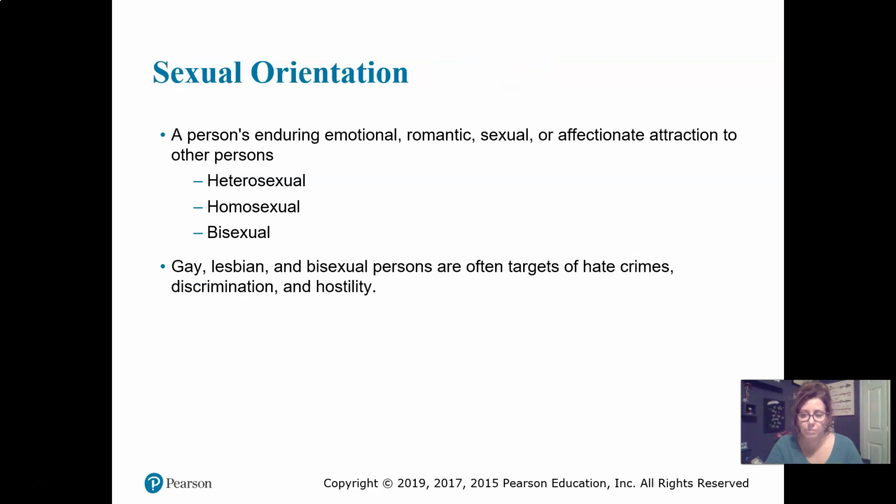Sexual orientation refers to a person's enduring emotional, romantic, or sexual attraction to others. A person may be primarily attracted to a member of the opposite sex, which is heterosexual, the same sex, homosexual, or both sexes, bisexual.